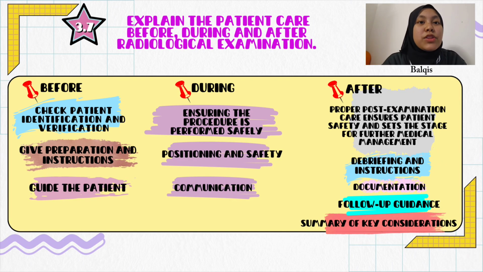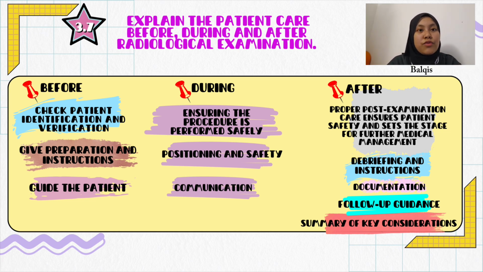So now, I want to explain the patient care before, during and after radiological examination. Before the examination, preparation is crucial to ensure the patient is ready for procedure, understand the process, and feel at ease. First thing radiographer need to do is check patient identification and verify.